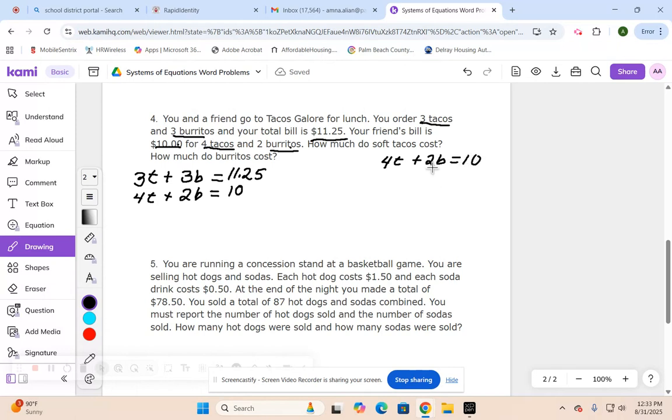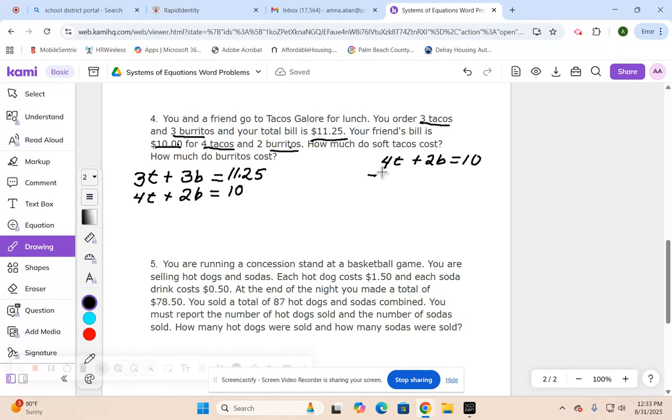I'm going to solve it for B because when I finish subtracting 4T from both sides, I still have to divide by the number in front of B, which is 2, and I'd rather divide by a smaller number like 2 than 4.